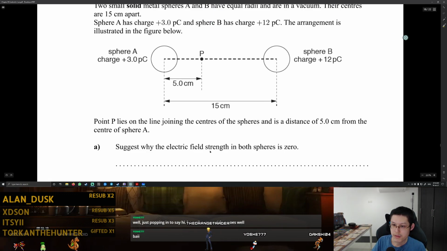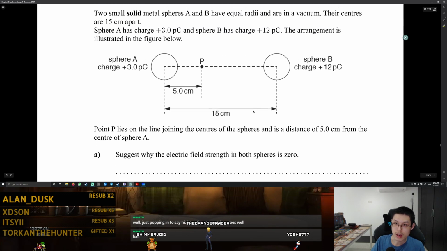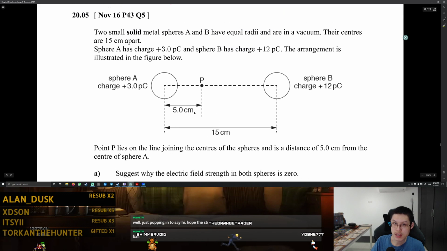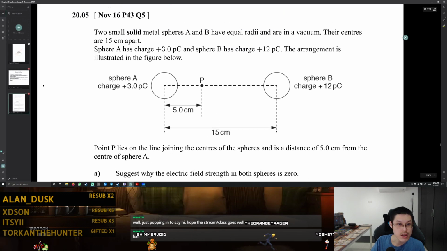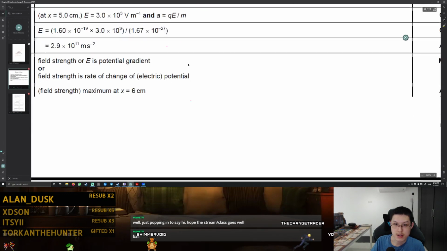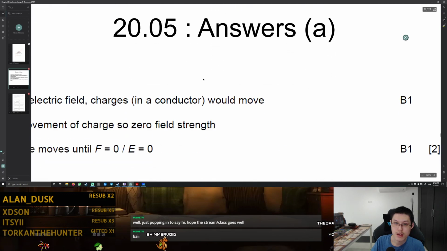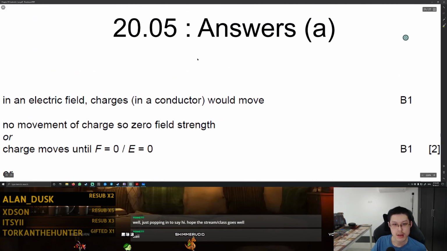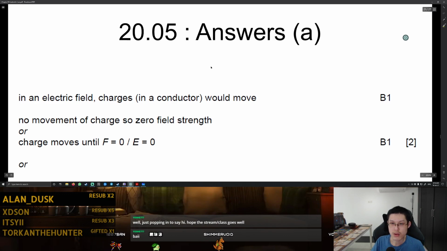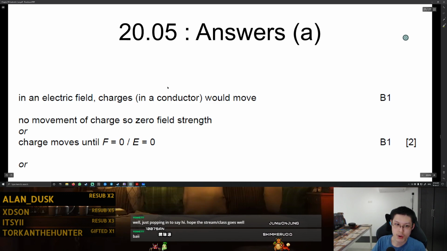Suggest why the electric field strength in both spheres is 0. We have kind of discussed this before, so let me show you the answer. Inside a sphere, doesn't matter whether it's solid or hollow, there would be no movement of charges.